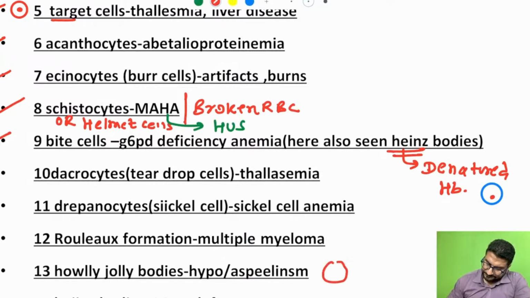If you see a blue color body, blue will be nucleus remnant. So this blue is nucleus remnant, and this is called Howell Jolly body. Howell Jolly body. This is nucleus remnant.